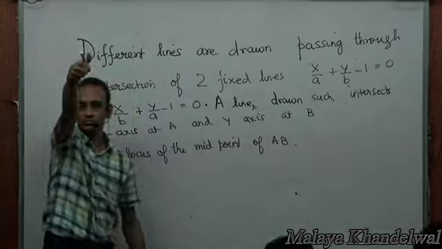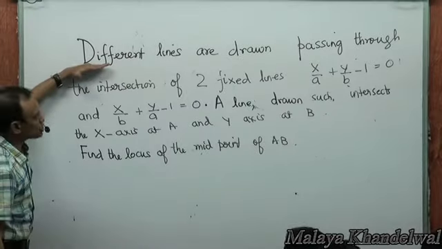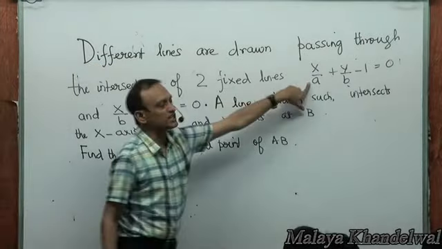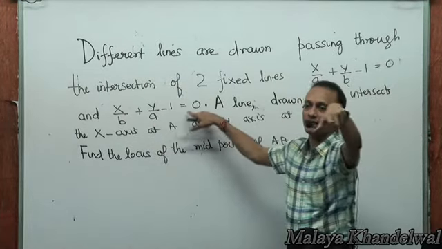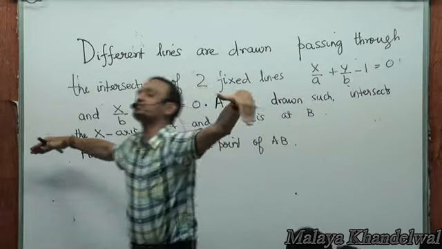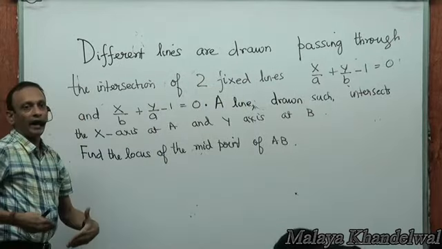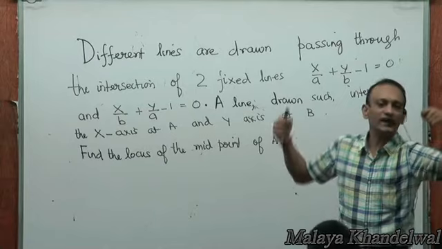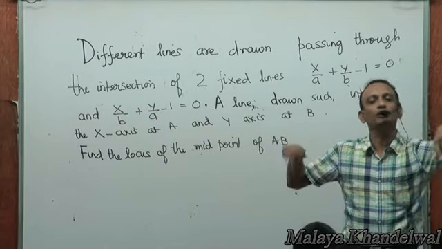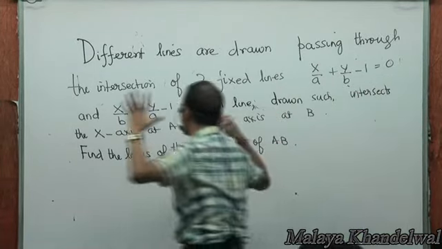Work on this problem that was posed to you. There are two fixed lines, x by a plus y by b minus 1 equal to 0 and x by b plus y by a minus 1 equal to 0, and very many lines are drawn through their intersection, and each of these lines would intersect the x and the y axis at variable points A and B. I want to find the locus of the midpoint of all the ABs.